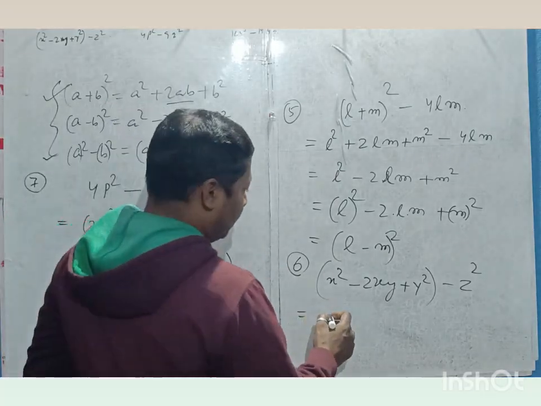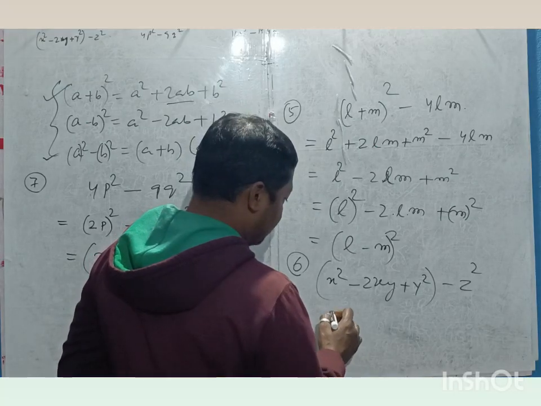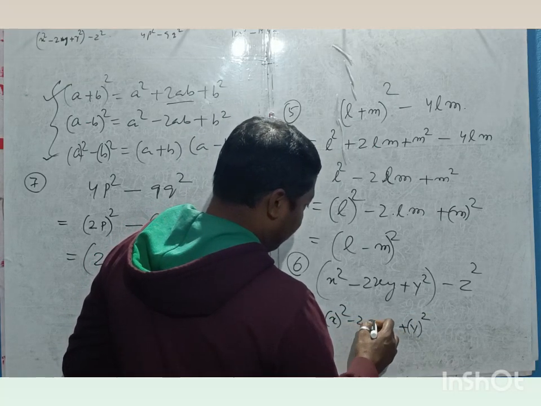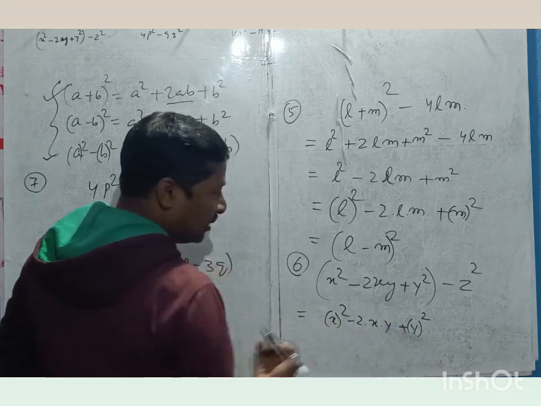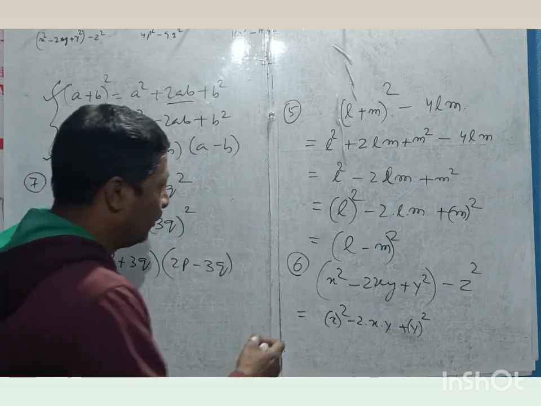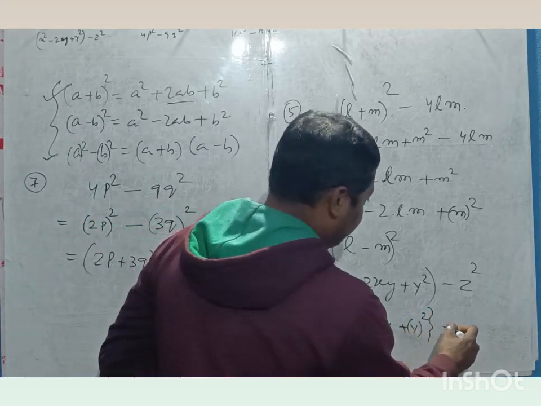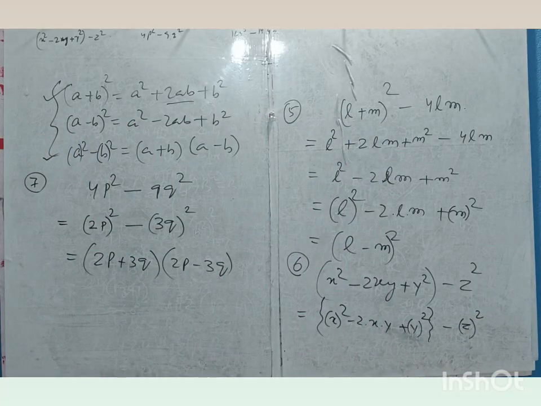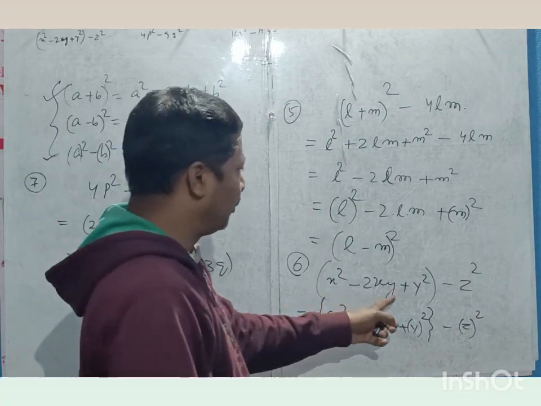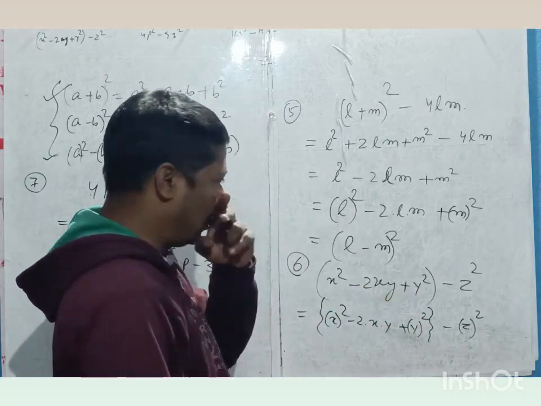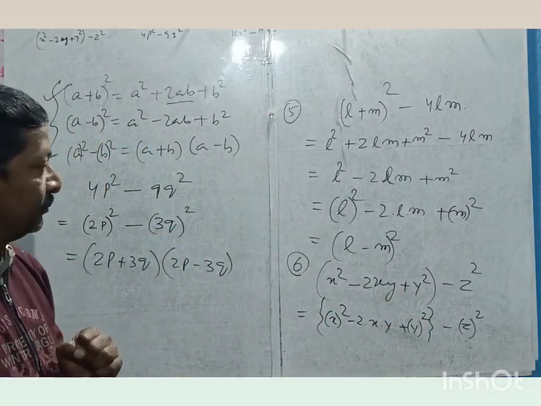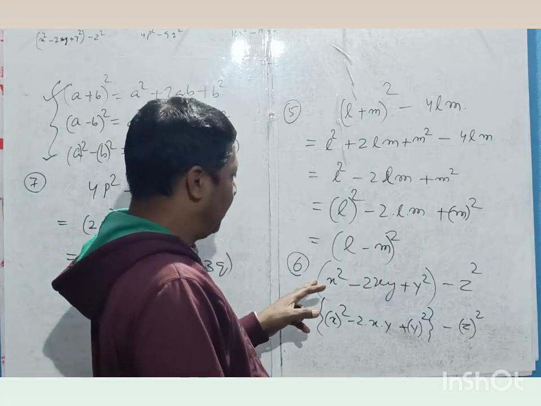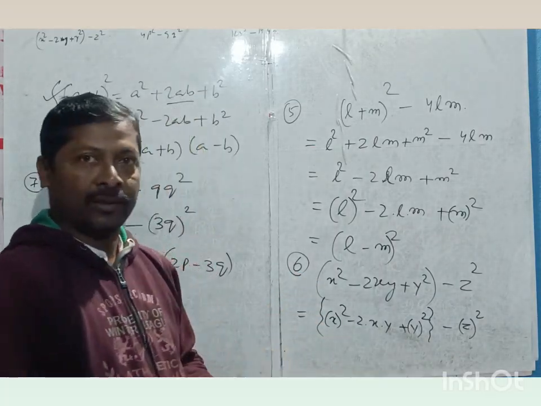So first (x)² + (y)² − 2ab, where a is x, b is y, minus z². So these three terms were not in a perfect square form, so in order to make it a perfect square form, I express it in this way.